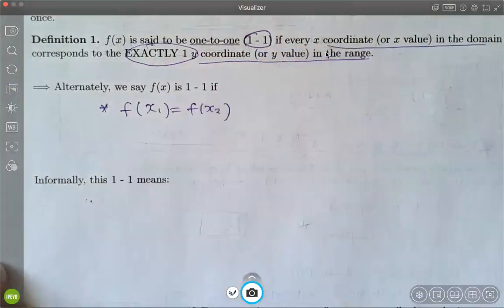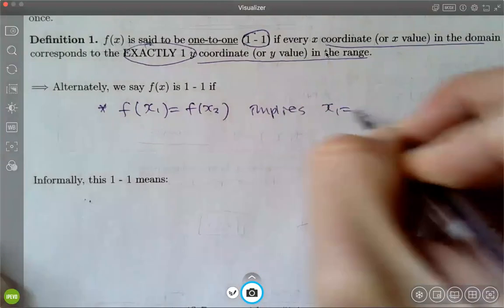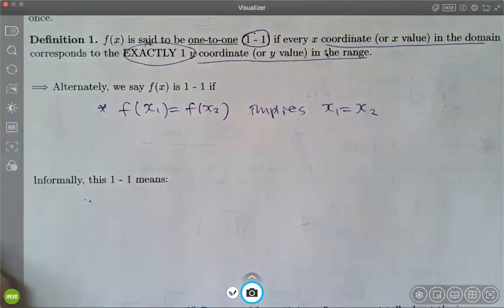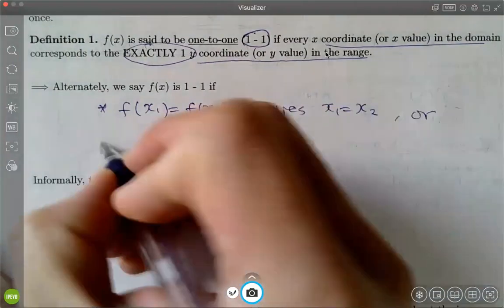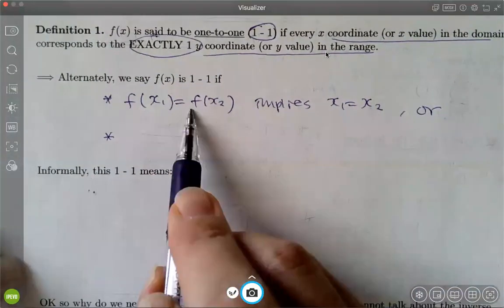So what does that mean? x1 and x2 are the inputs, the x values, and you plug them into the function and somehow their outputs are the same. And this implies the inputs are all the same. This is kind of logic, but this condition implies this.